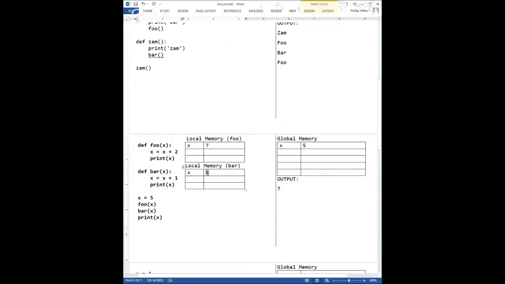We store that in x. And then we print that. And then this function returns to where it was called from. And we execute the next instruction. And this is going to print the value of x. In this case, we're in the global scope. The value of x is 5. And it prints 5. So this would output 7, 6, 5.